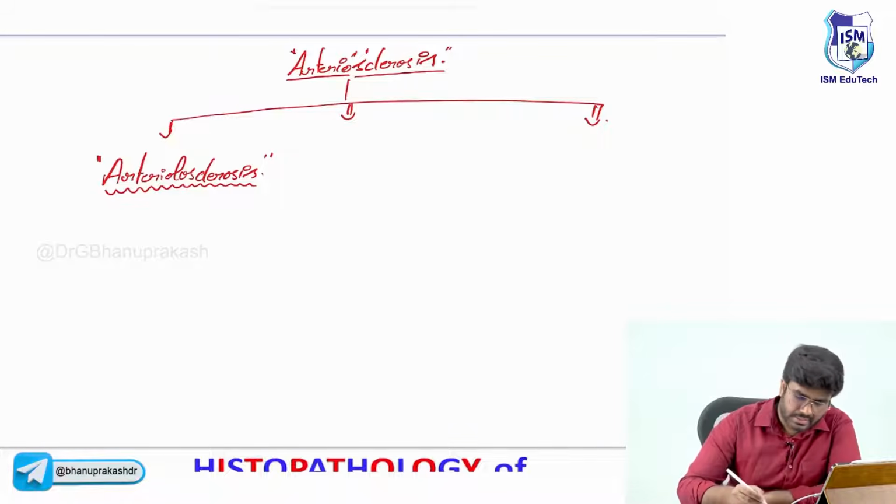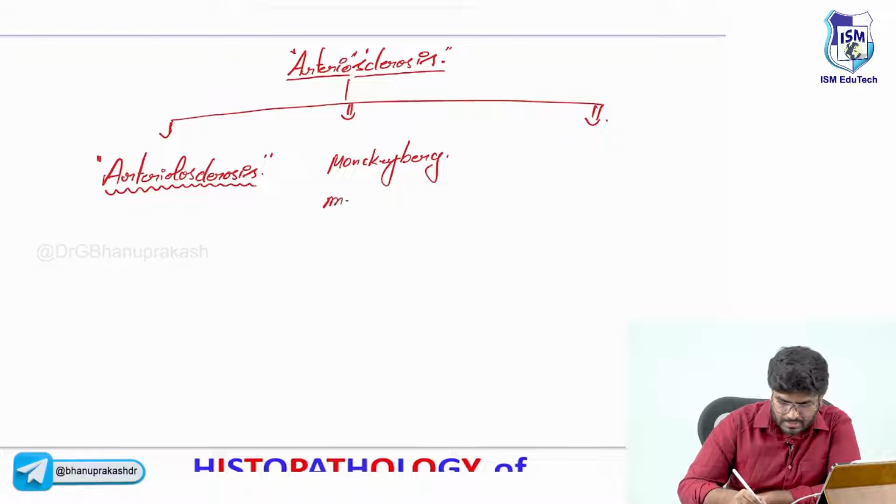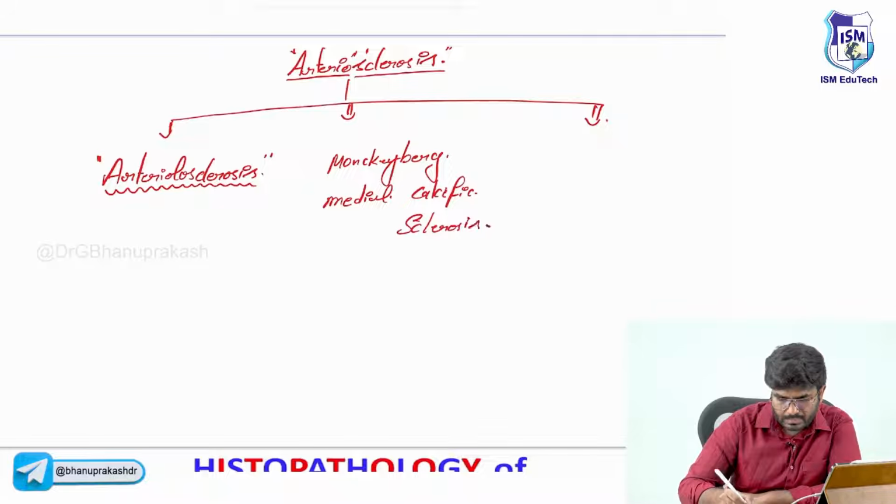The second type is Monckeberg medial calcific sclerosis. And the third type is atherosclerosis. See, there are three types.